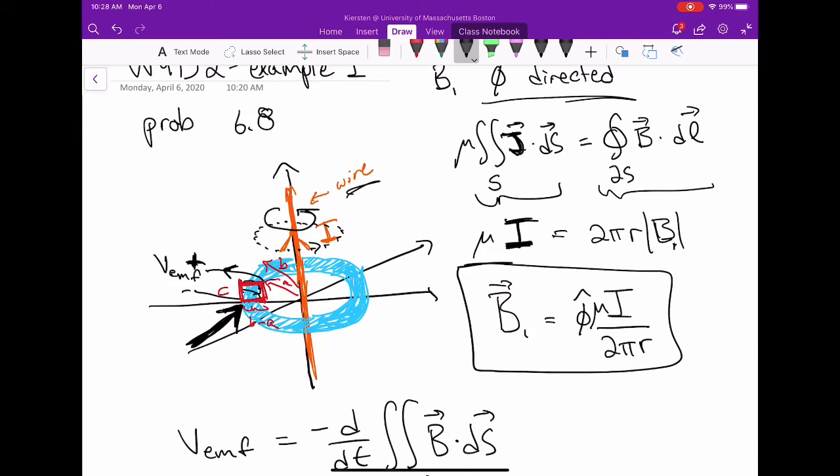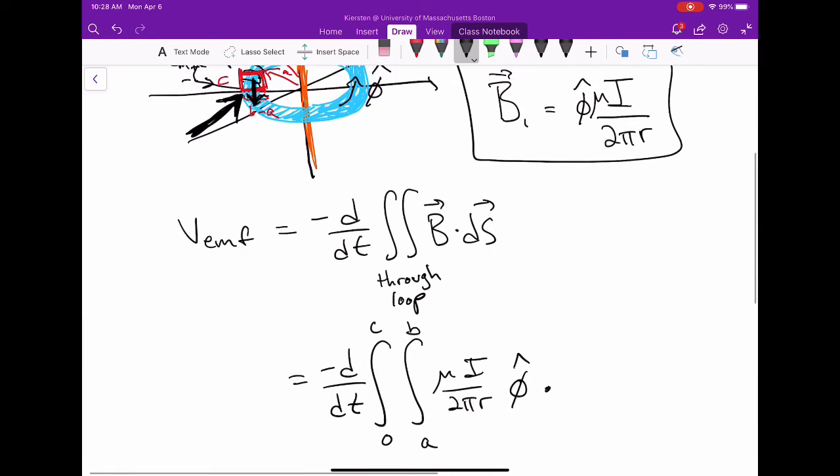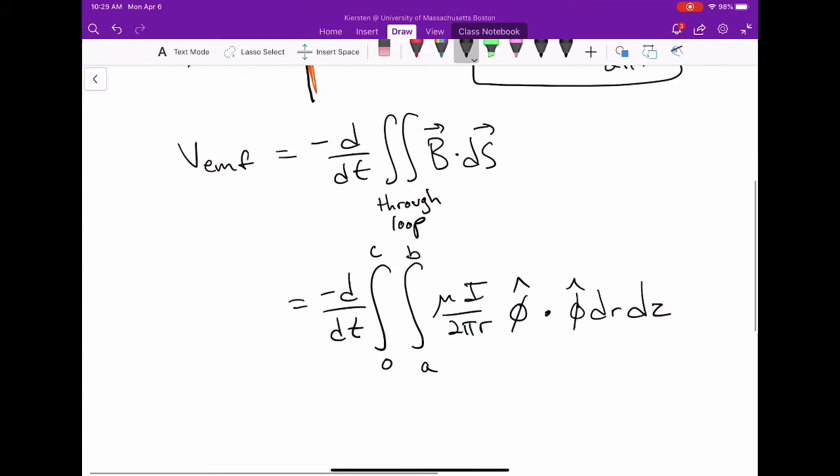Yes, so the contour needs to go from the positive terminal into the negative terminal, so it needs to go that way. Which means that our surface normal vector should be coming out of the loop towards us in the phi direction. Okay, so that means that ds is phi hat. Let's choose this location to be along the x-axis, so we only have to do, well, we're doing dr anyway, so dr dz. All right.